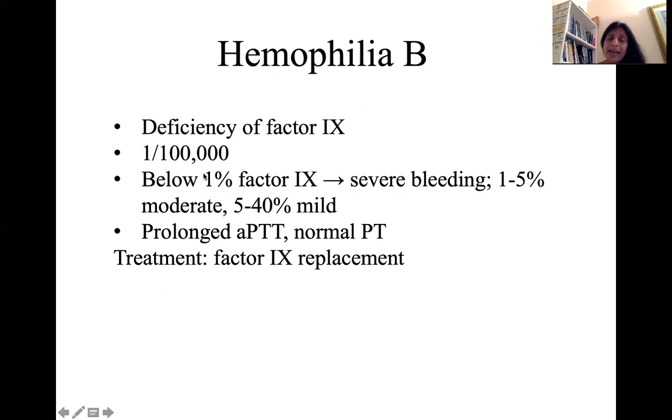So factor 9 level below 1% is severe, 1 to 5% moderate, 5 to 40% is mild. All right, because it is involved in the intrinsic pathway, you're going to be thinking about prolonged APTT and then normal PT. Okay, so easy, replace with factor 9 if this is the condition.